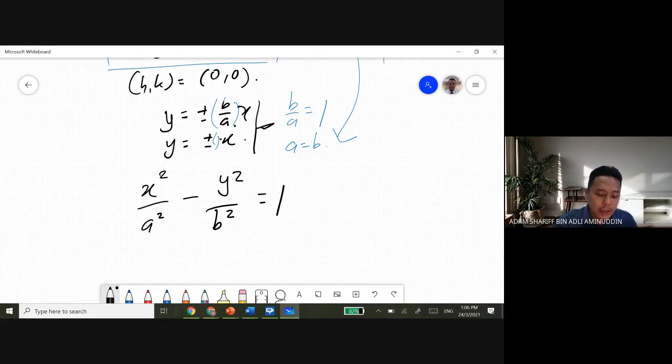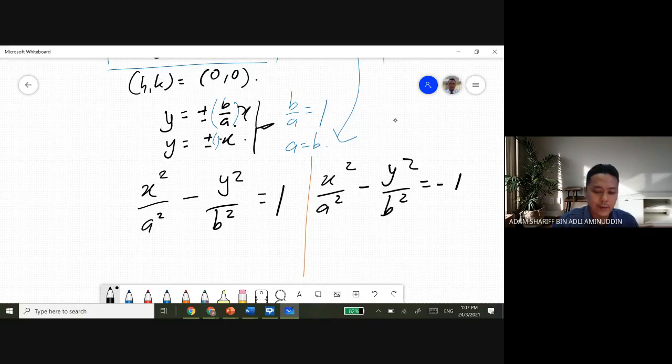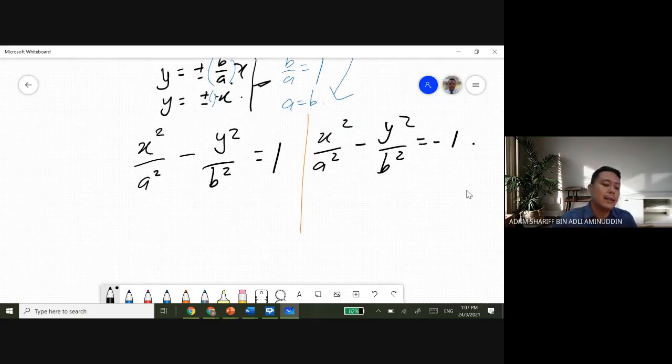Yang ni kalau ada student boleh bagi penjelasan matematik, okay. Maksud saya, time tu saya cuba dengan ini, cuba dengan negative 1. Because a equals b, ini one side, ini second idea.